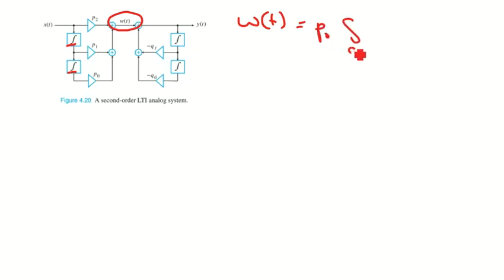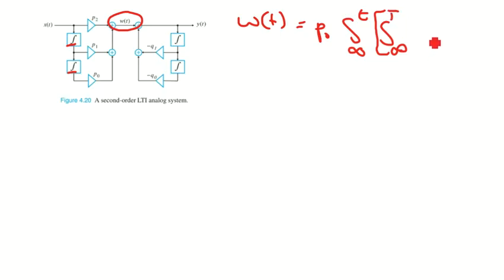First integral will be from infinity to t, because that's your variable. And the second integral is going to be from, and don't forget the bracket, infinity to tau.